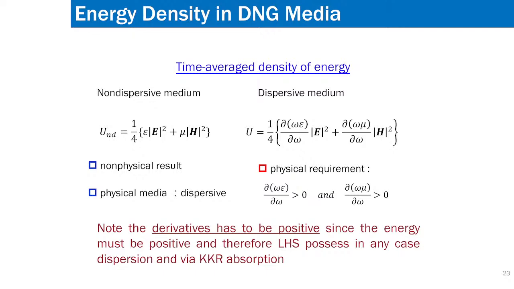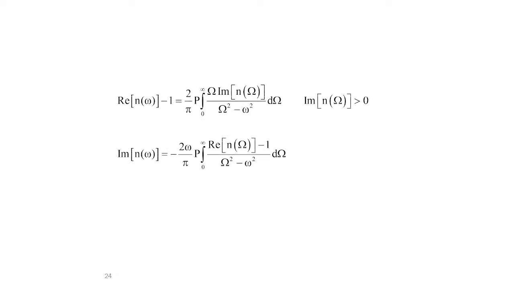In physics, we are acquainted with the Kramers-Kronig relationship. Let us see the Kramers-Kronig relationship for the refractive index. The real part of the refractive index and the imaginary part of the refractive index under the Kramers-Kronig relationship are expressed by these two expressions.